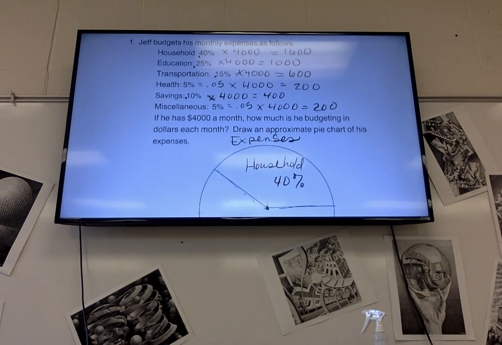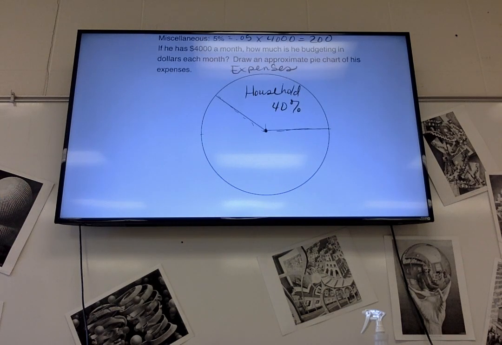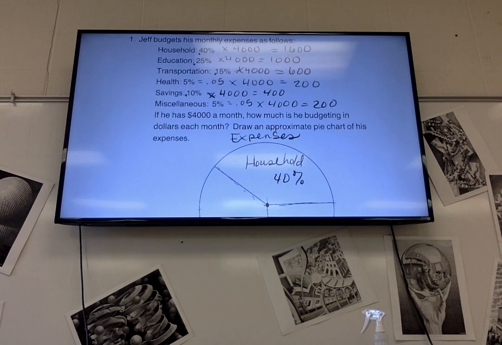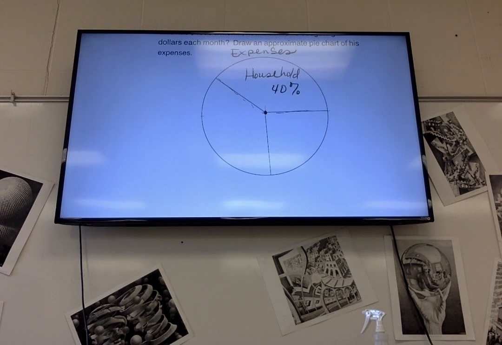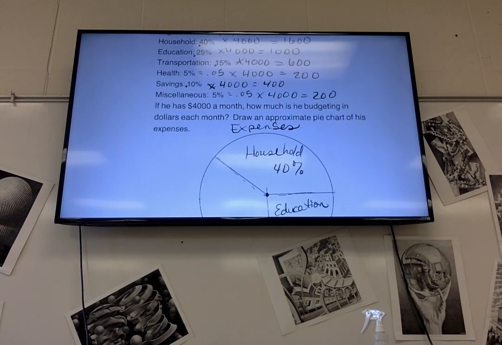Okay, so the next one is 25%. So that would be a fourth of it. Well, not the next one, but yeah, it is the next one. I lied. So education is 25%. So it should be about a fourth of the circle.